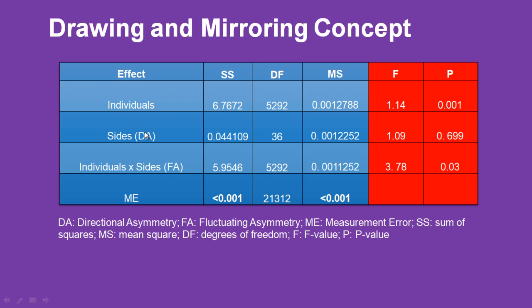You can call it side, you can call it reflection, you can call it DA, directional asymmetry. And the first one you can call individual symmetry or individual variation. This particular one is called FA, individual by side or individual by reflection, or simply FA. When you see FA, you may wonder what is the meaning of FA. What FA means is that it is the individual multiplied by this individual by this.